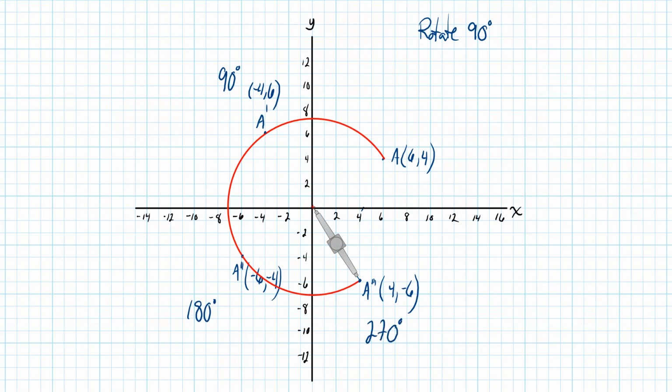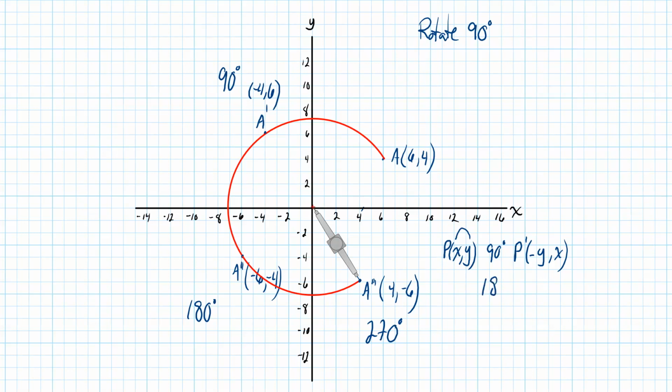From this we can get a general rule that says any point that has coordinates x and y, if you do a 90 degree rotation, then the new coordinates of P prime, you switch the positions. So you see we went from having a 6 and a 4 over here to now having a 4 and a 6. So you switch the x and the y positions. So you now have a y here and an x there, and then you put a negative in front of the y.